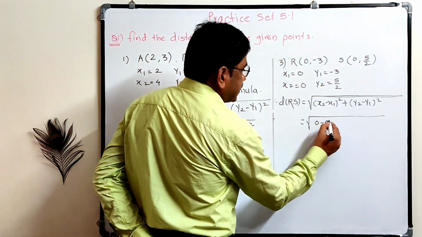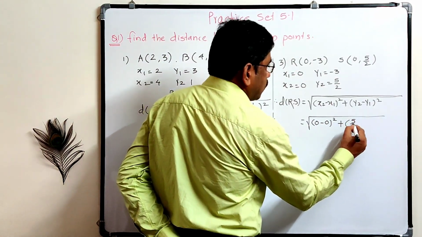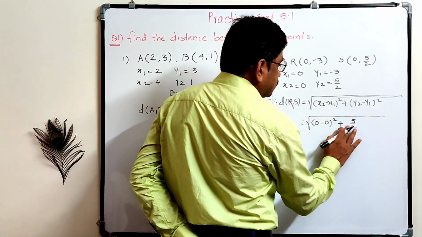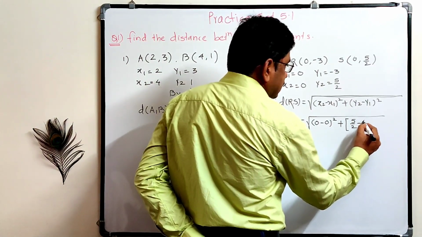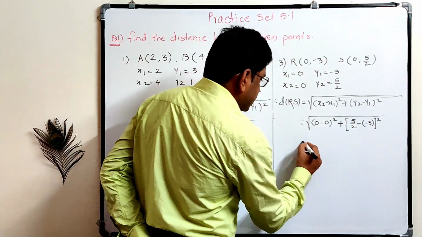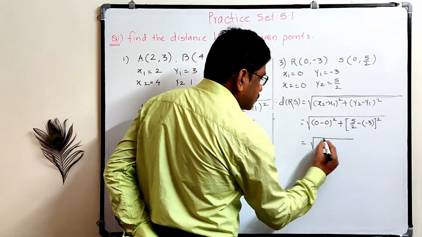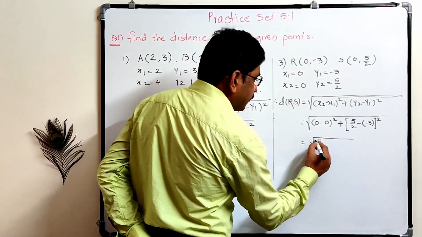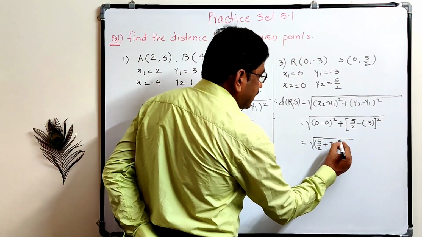0 minus 0 bracket square is 0 plus here y2 is 5 by 2 and here use square bracket (5 by 2 minus (-3)) bracket square. So here the first term is 0, no need to write that first term. So here 5 by 2 plus 3 bracket square.